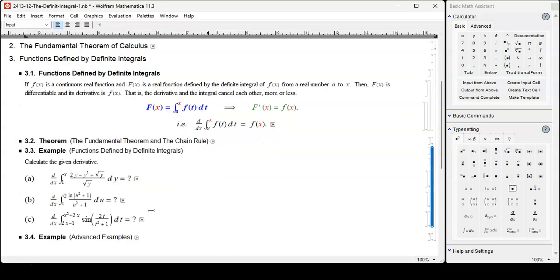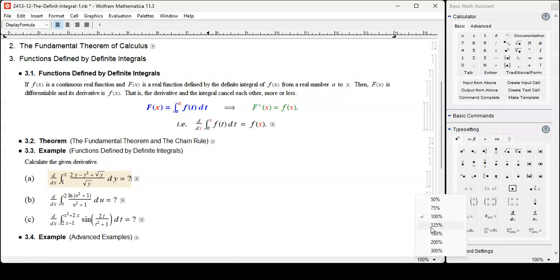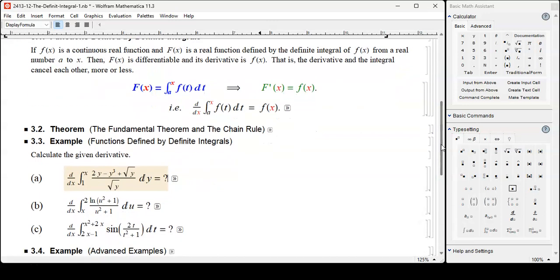Here's an example. Calculate the given derivative, and we have the derivative of an integral. Let's take a bit bigger font so that you can easily see. Now, is it possible to calculate this integral and then calculate the derivative back again? Maybe, but it's unnecessary. Derivative and integral cancel each other out.